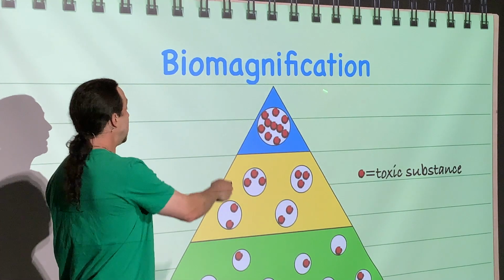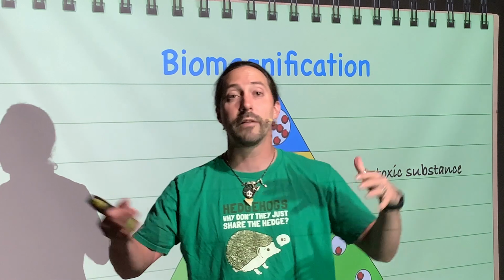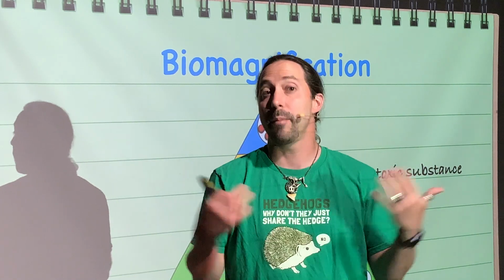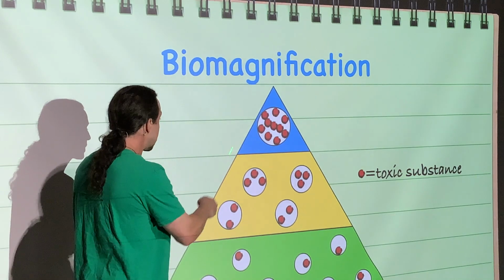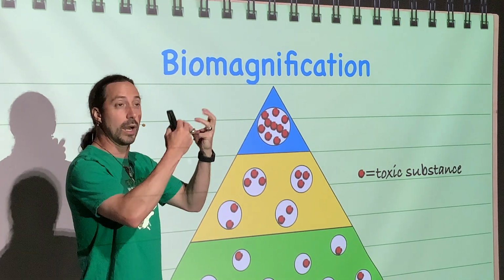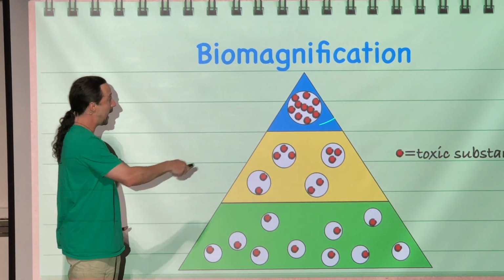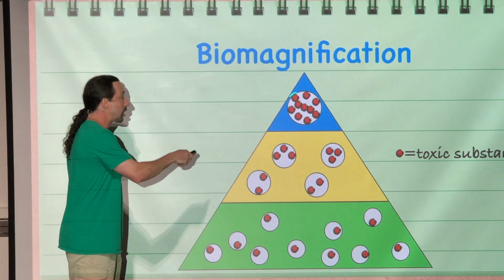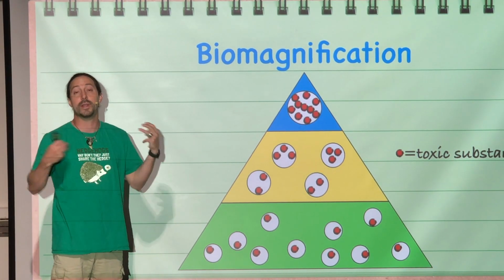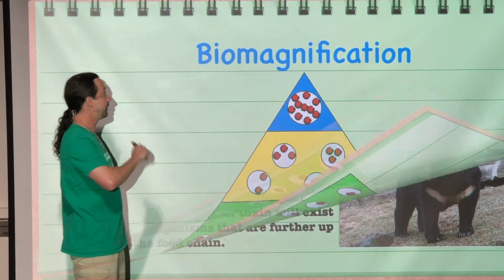And this is why we need to be careful as we eat some species that are higher up in the trophic level. One of the toxins that we're concerned about happens to be mercury. And mercury, as we move up the trophic levels, increases more and more and more in the tissue of our organisms. And that is why we need to be careful with the fish that we eat on how much mercury has actually accumulated within their tissue, because mercury is obviously very toxic for us.